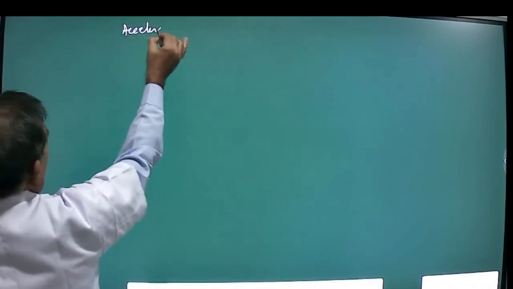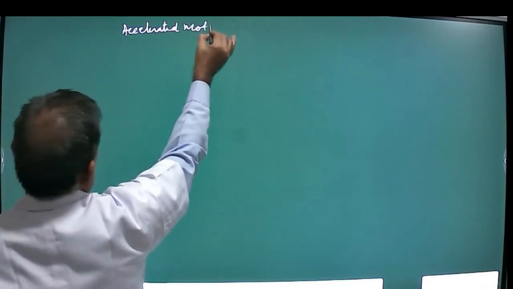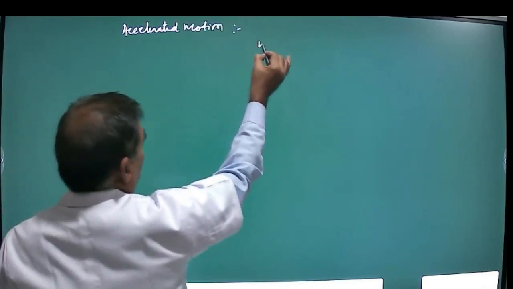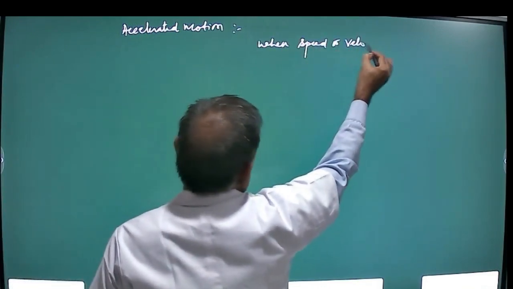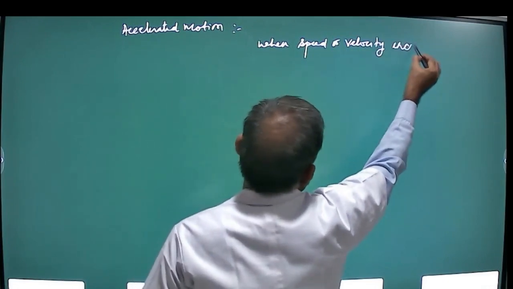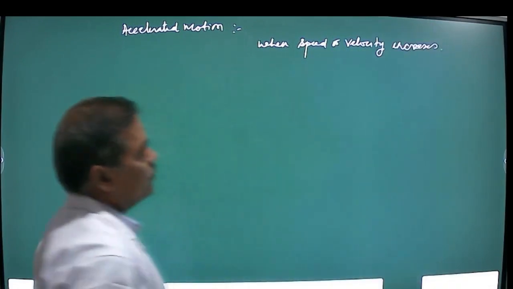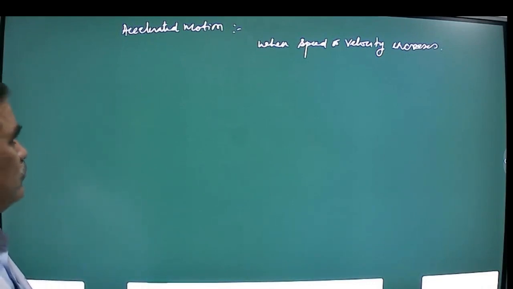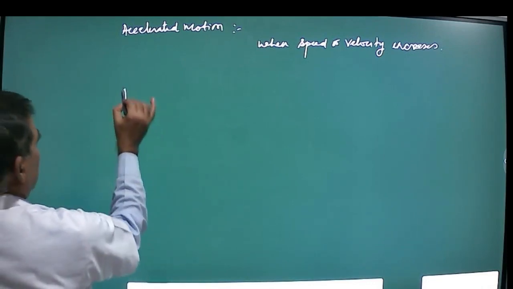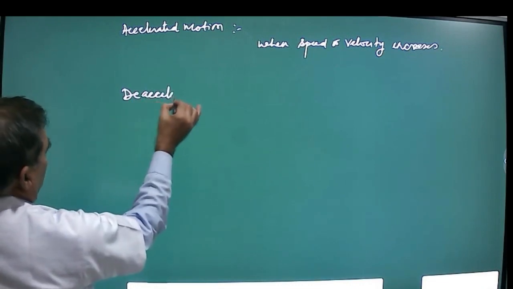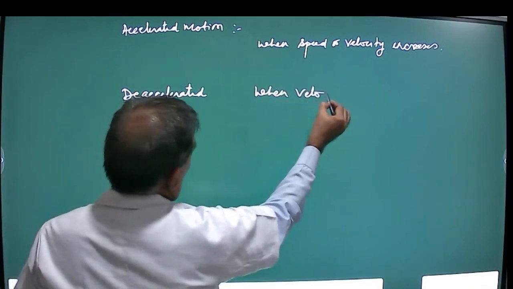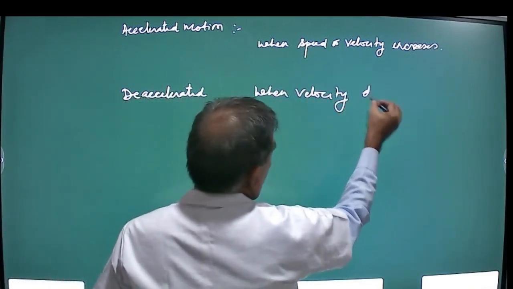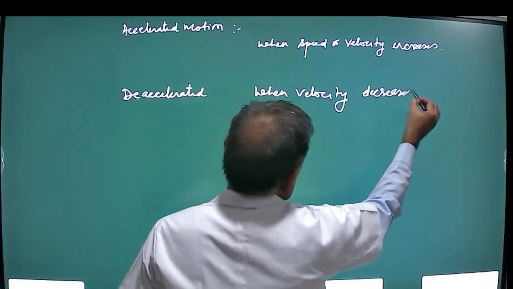Accelerated motion you define when speed or velocity increases. Decelerated when velocity decreases gradually.